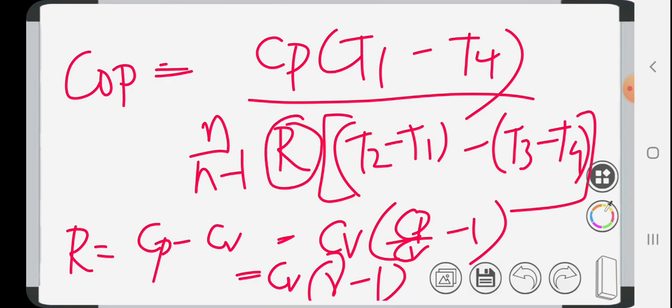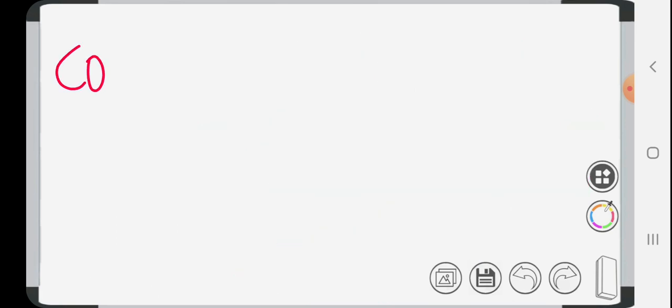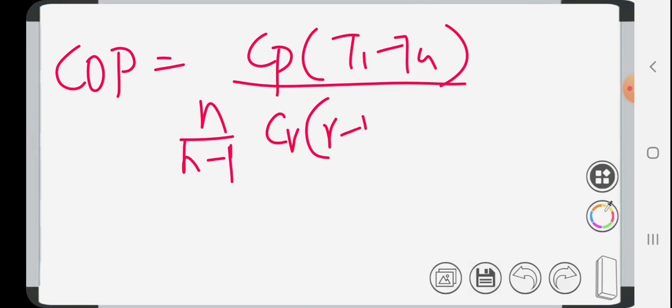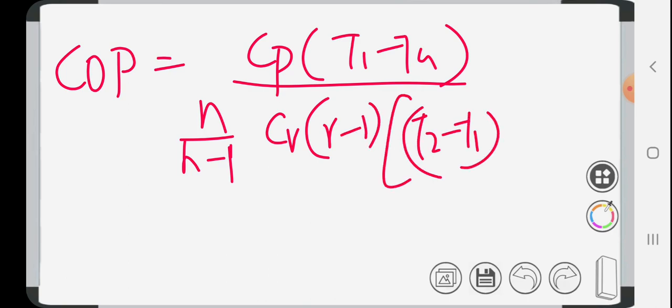So substitute for this R. It will become COP equal to Cp (T1 minus T4) n by n minus 1 into Cv (gamma minus 1) times (T2 minus T1) minus (T3 minus T4), right?